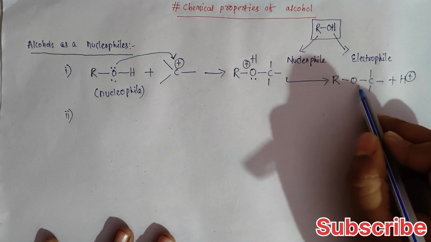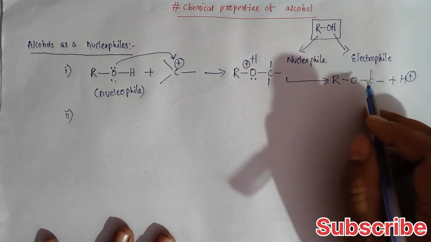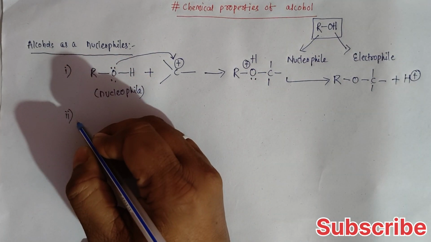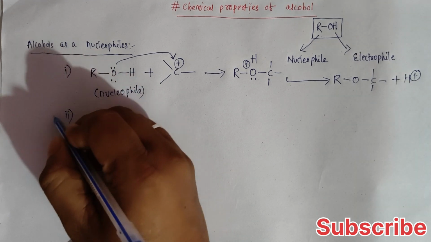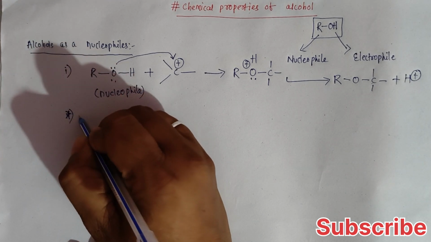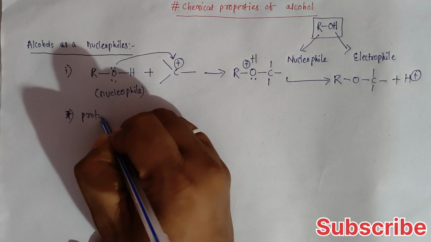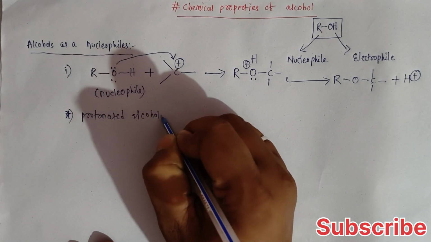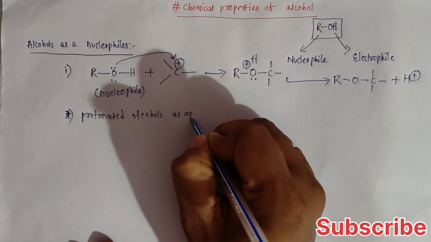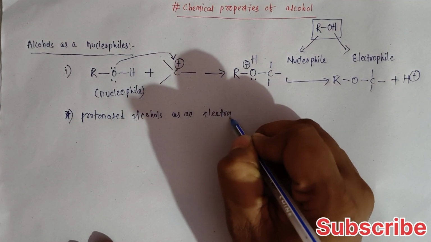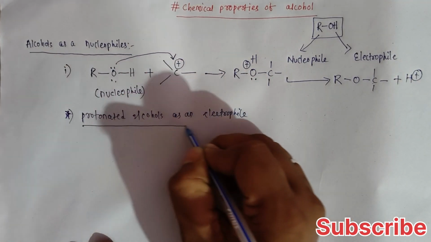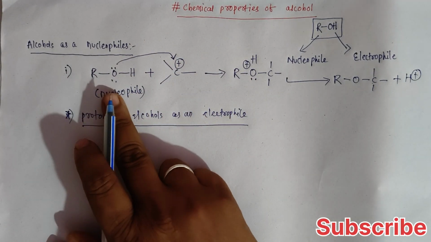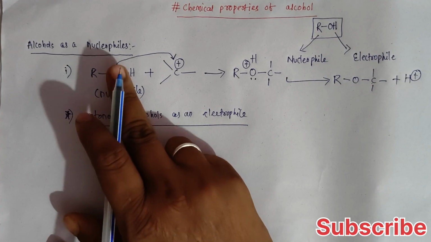Let me write protonated alcohols as an electrophile. What do you mean by that? Here this nucleophile acts as a nucleophile because it is negatively charged, because it contains a lone pair of electrons.